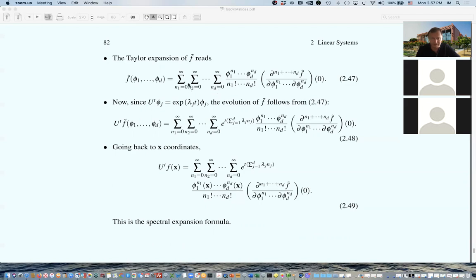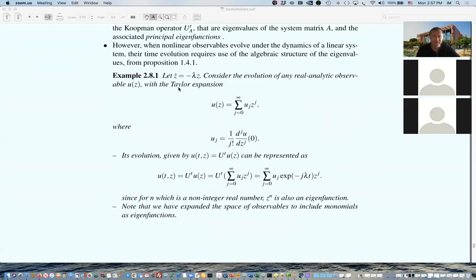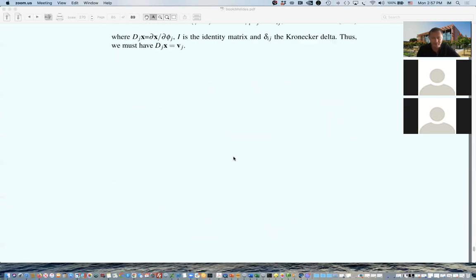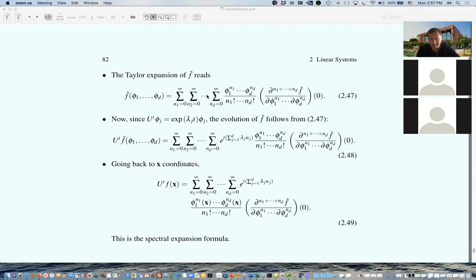These are all indices. In the one-dimensional case, I had only one index, so that was easy. But in the d-dimensional case, of course, I have d of these indices. But still, the multivariable Taylor series in phi's tells me that I need to multiply the phi 1 coordinate to power n1, that would be that index, with phi 2 to n2, phi d to nd.